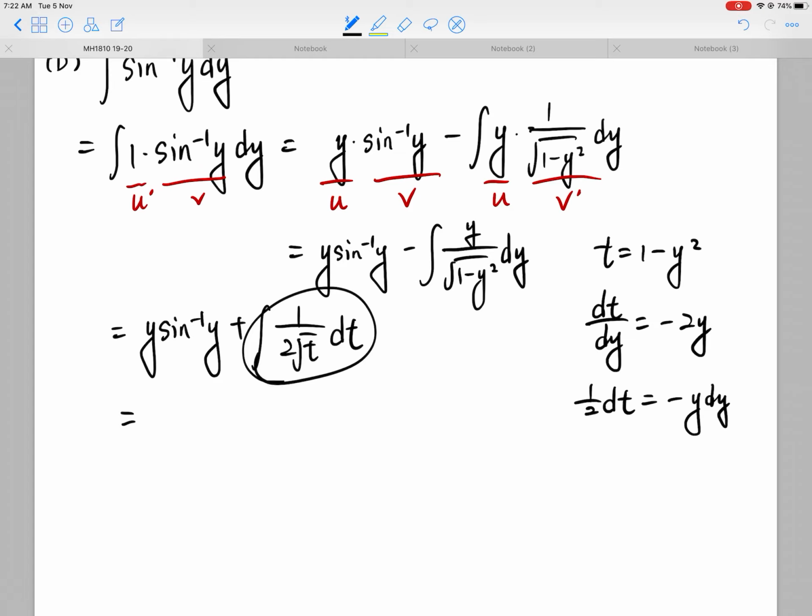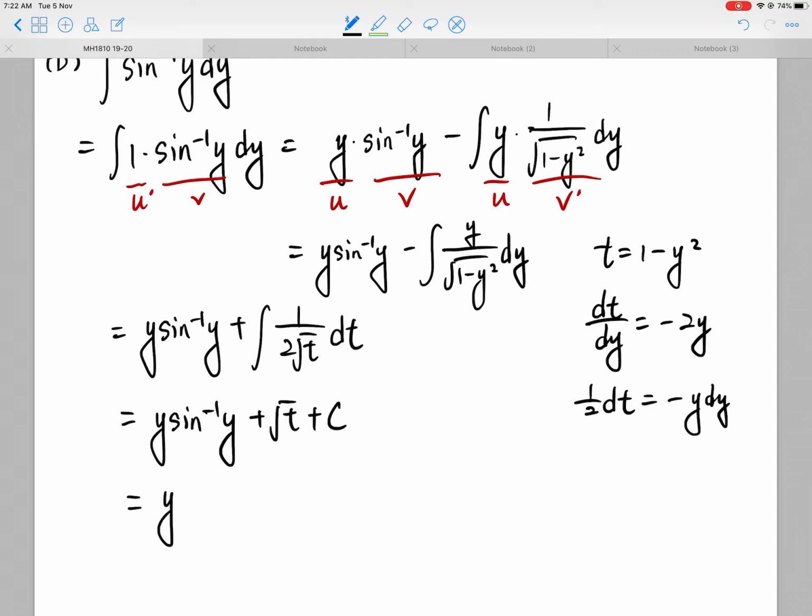And this part, the integration will be positive square root of t, right, plus c. So last step, you sub y back here. Square root of 1 minus y squared plus c. Okay.